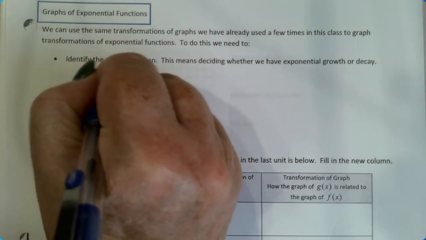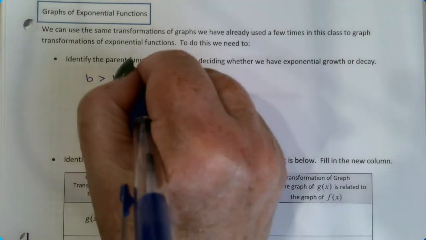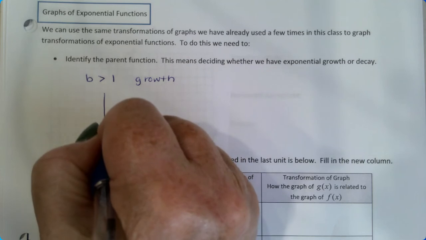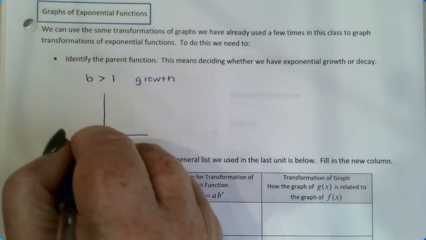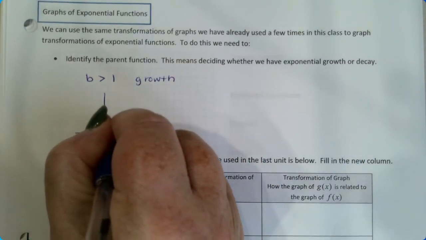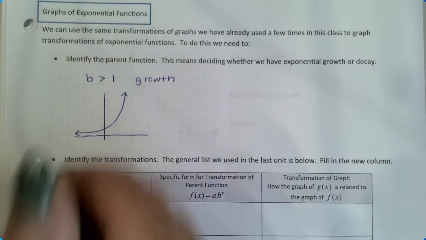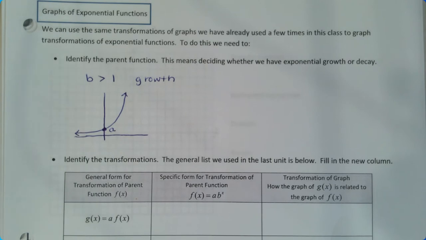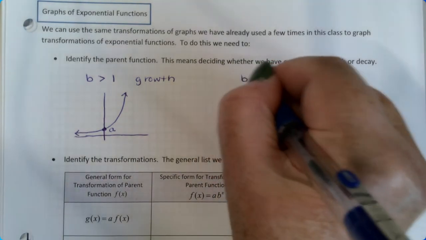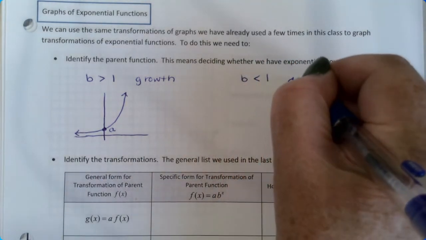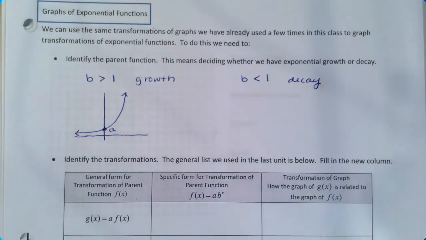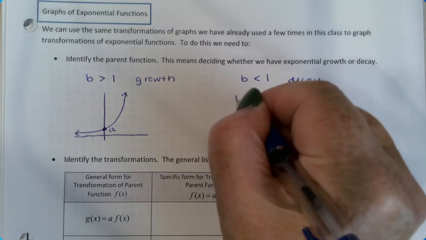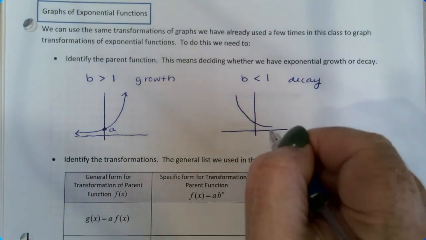So if our base is larger than 1, we have our exponential growth, which looks like that. A is the y-intercept. And if our base is smaller than 1, we have the exponential decay. That's the one that's decreasing, looks like that.